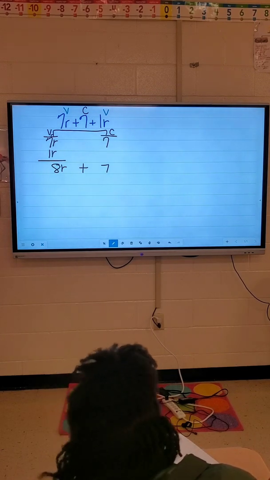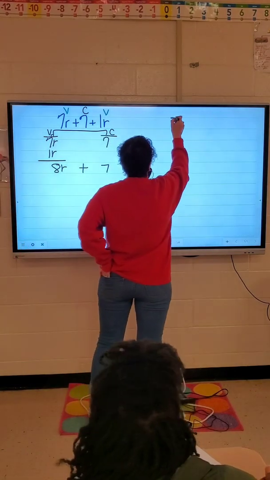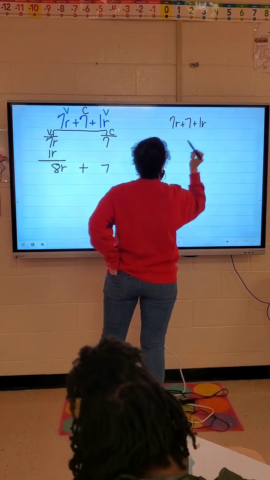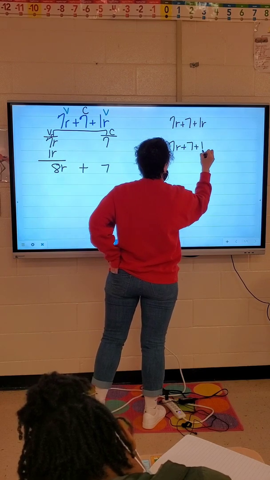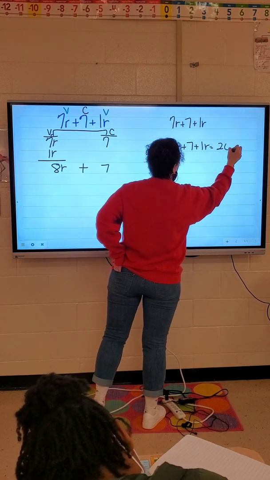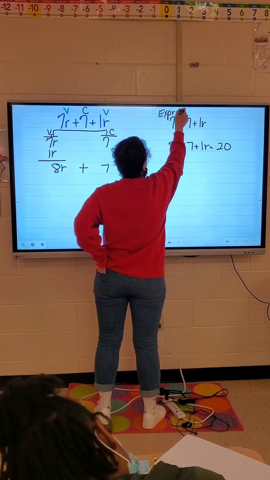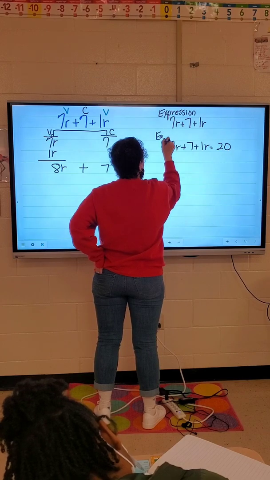Nobody can tell me the difference? All right, I'm going to write this up here. 7R plus 7 plus 1R. 7R plus 7 plus 1R equals 20. This is an expression. This is an equation.